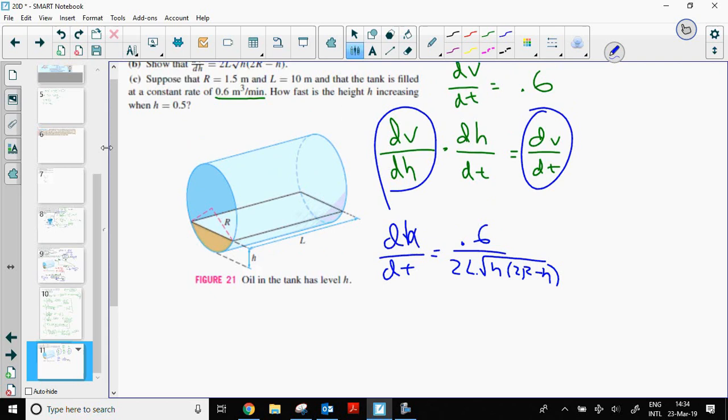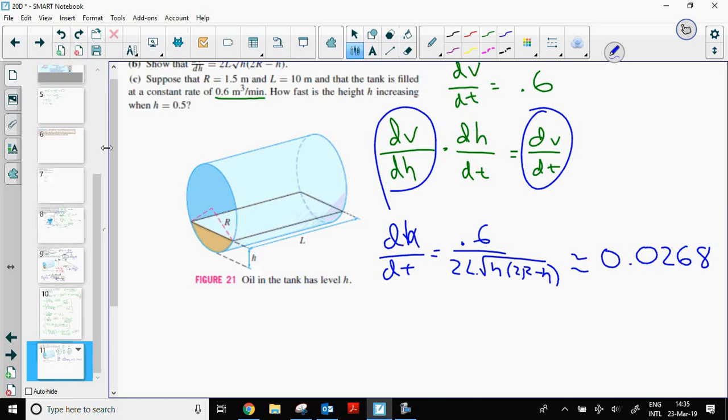And then we are told that L is equal to 10, R is equal to 1.5, and h is equal to 0.5. So we just need to substitute all of that in, and in the end, with our calculator at our side, we get 0.0268 to 3 significant figures. Done, finally.